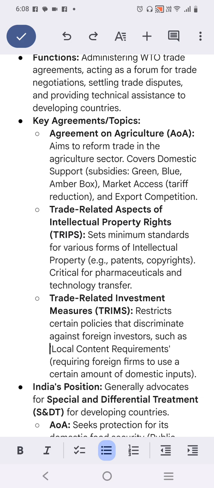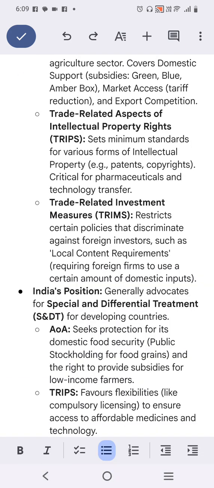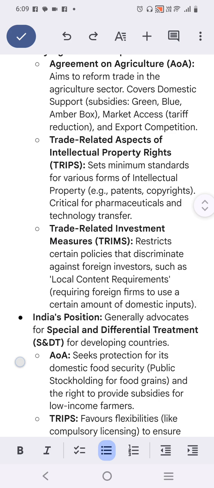Patents are for things like a mobile; there will be a patent. For an air conditioner there will be a patent. Now these are all called licenses. Apart from patents and copyrights, we also have trademarks and trade secrets. Now these are critical for pharmaceutical and technology transfers.